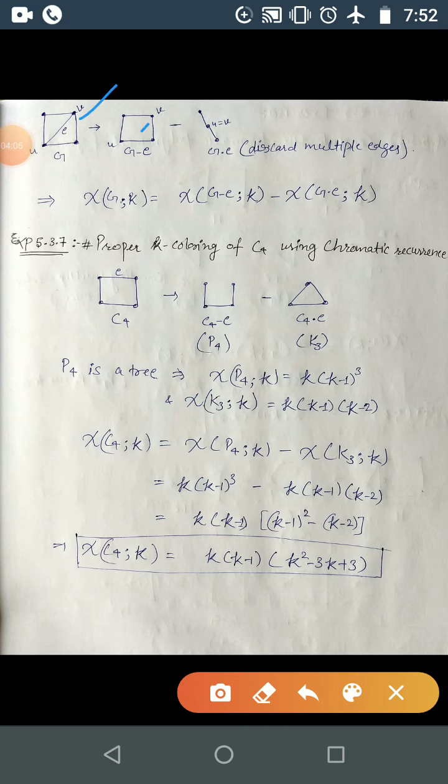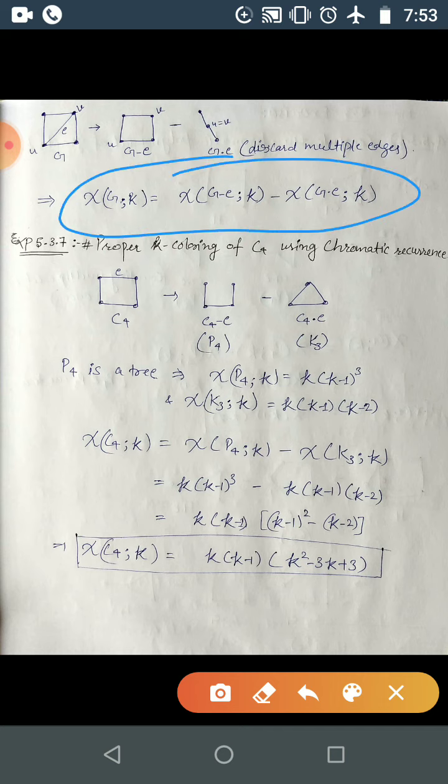So this was G, and this was G contracted E. We are not taking the multiple edges, or parallel edges, we discard them, because the count is unaffected by multiple edges. So for any graph, when finding the chromatic polynomial with k colors given, you use this formula: take any edge, exclude it to get one graph, and take another graph with the contracted edge.